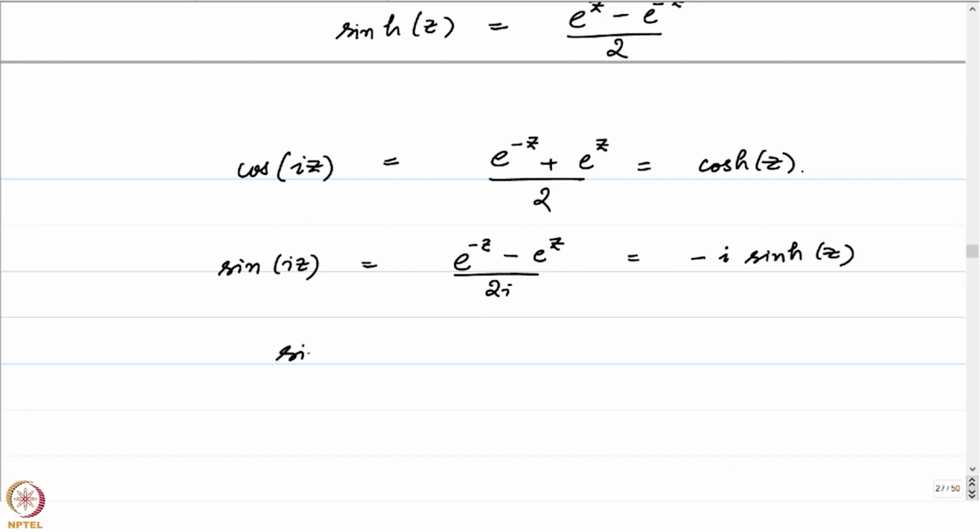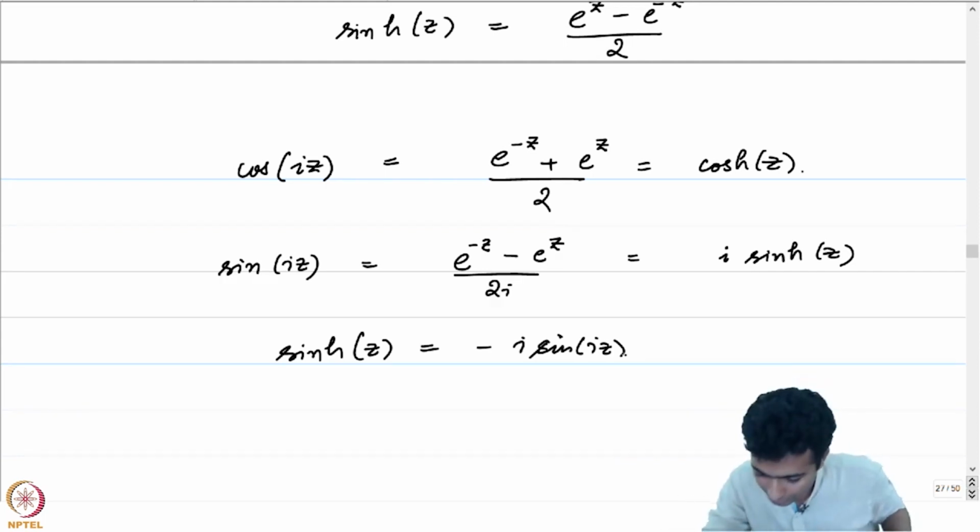So sine h of z is basically equal to minus of i times sine of iz. I have freely used the fact that i square is equal to minus 1. So if you carefully notice, I hope I have not made a mistake. Let's see. Yeah, that's right.